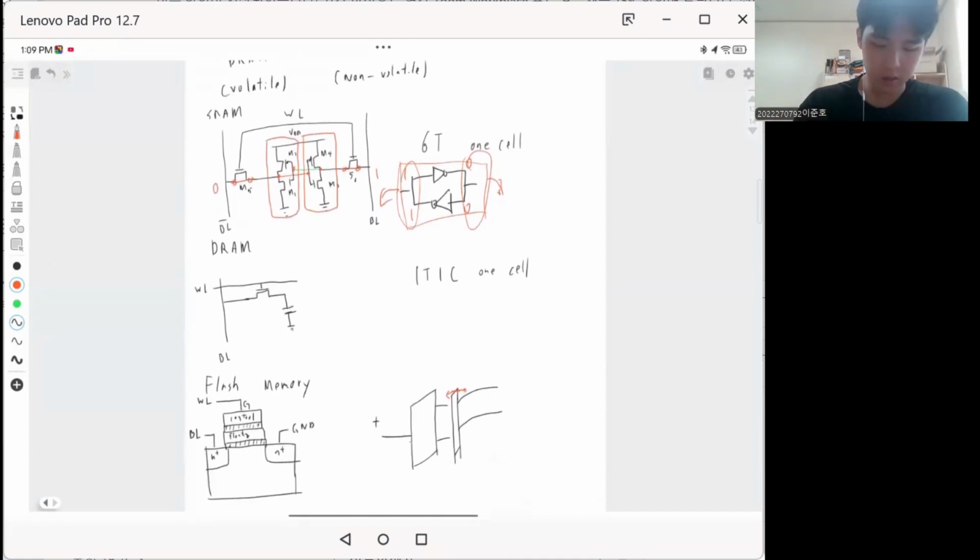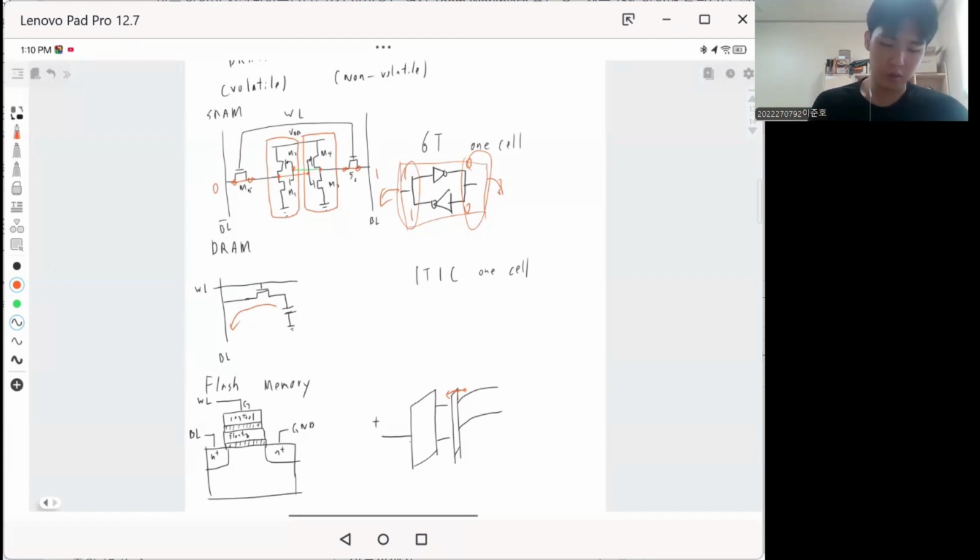Second one is DRAM. DRAM is one transistor and one capacitor per cell. So when data comes to the capacitor, the capacitor will charge, and then when the transistor is on, the capacitor is discharged to the bit line, so the data comes out.